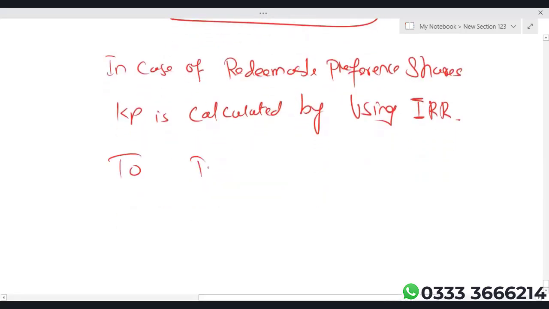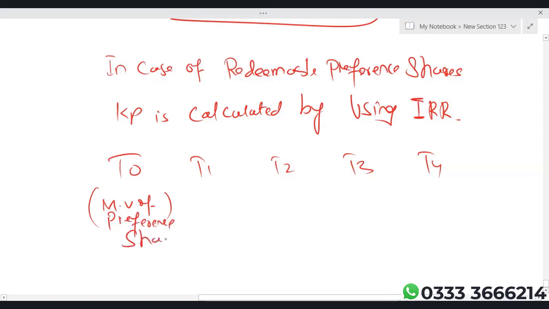Simply time 0, 1, 2, 3 and assuming 4. Here you will take the market value of preference shares, simply dividend plus the redemption amount.